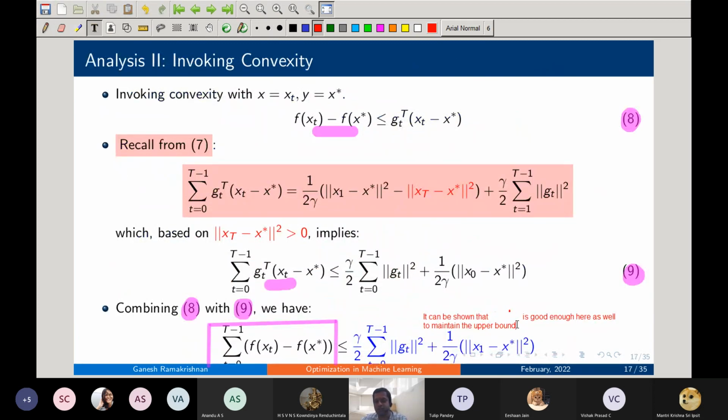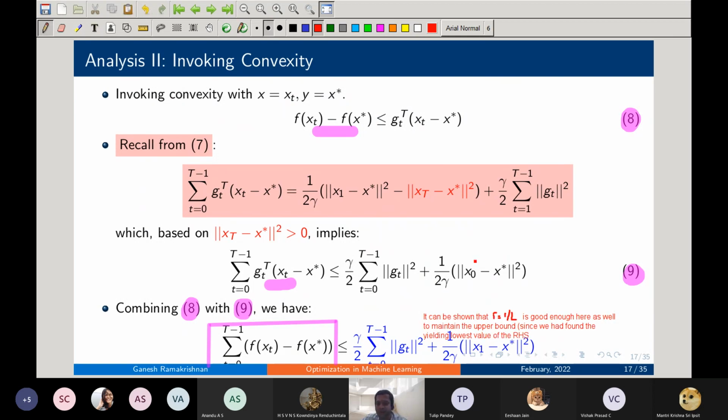If you want, I can write that part. Since we had found the gamma yielding the lowest value of the RHS, this is any other gamma.